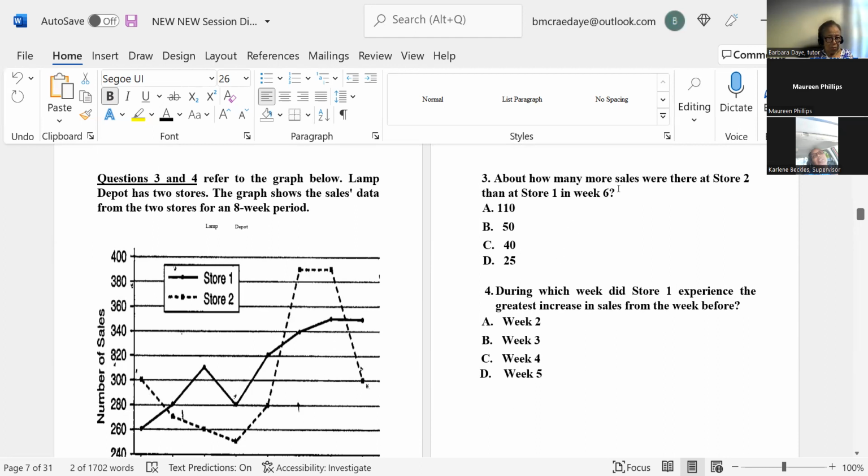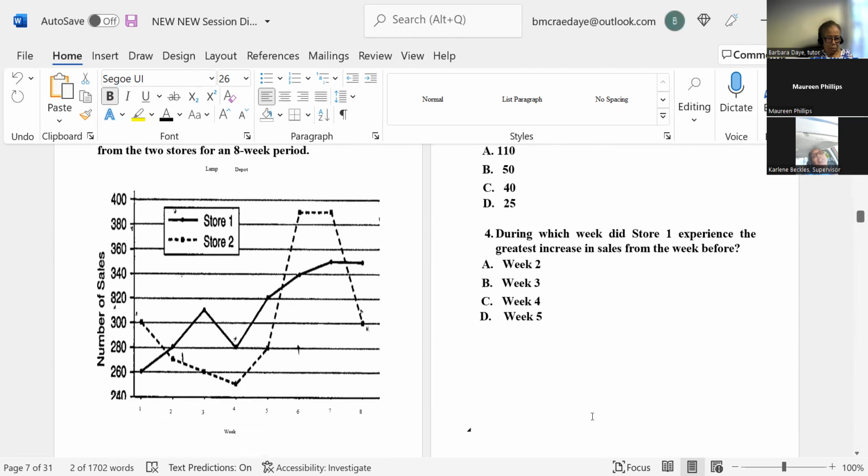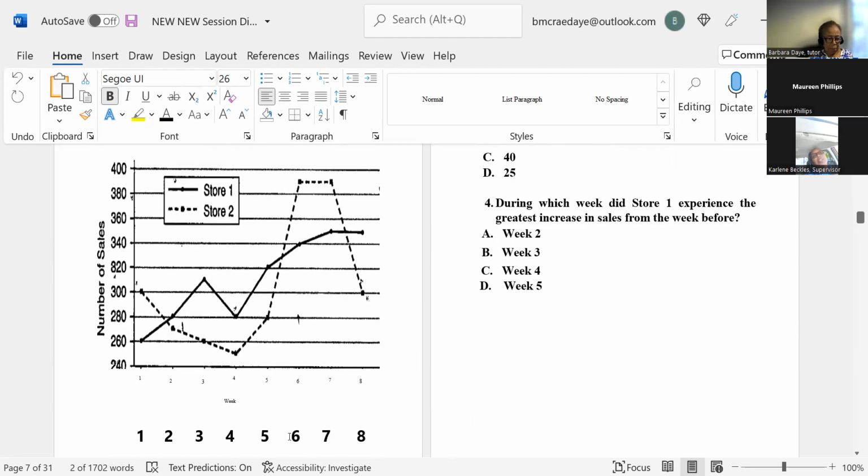Question: how many more sales were there at store 2 than at store 1 in week 6? Now I put these weeks down here because you can't really see them here. So this is week 6. For week 6, you go up here and that's store 1.